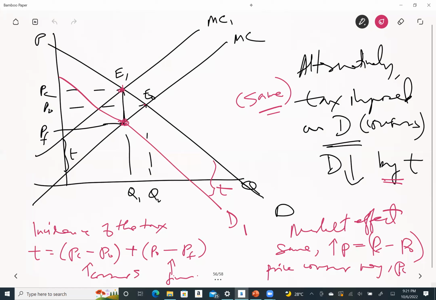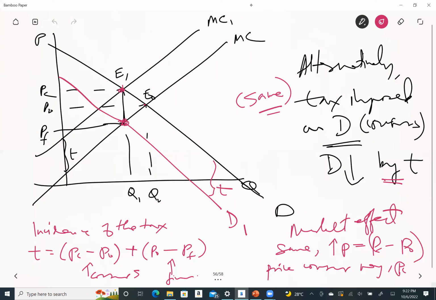Okay. Another one is what we call the elasticity rule. Since elasticity can affect excess burden, when you tax more than one good, then we have what you call the elasticity rule of taxation.